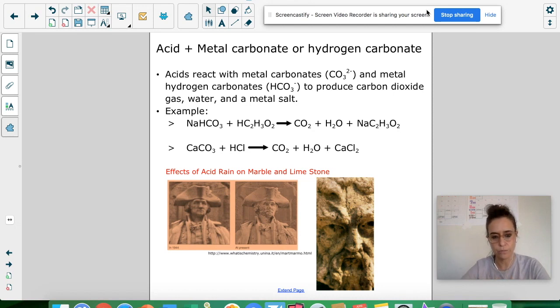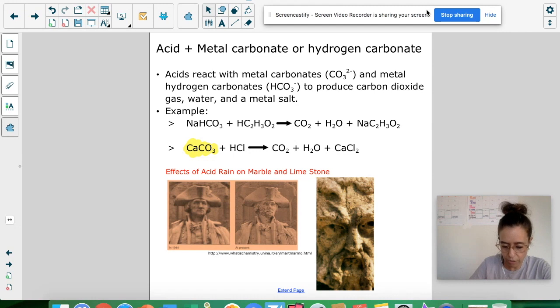So how do we identify these reactions? Well, to identify this reaction, first of all, you need to know what is a metal carbonate, or what is a metal hydrogen carbonate, right? So a metal carbonate is a carbonate that is made by a metal and CO3.